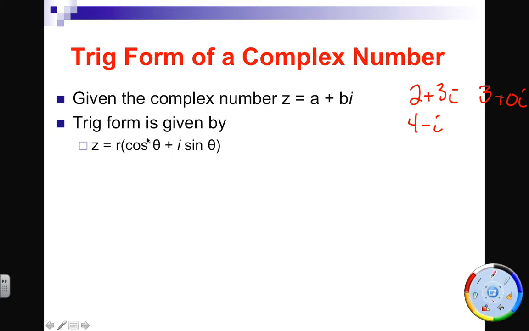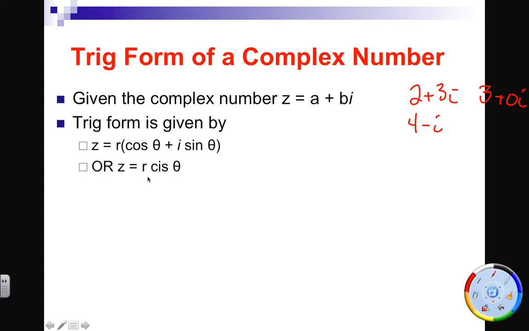And theta is just the angle at which we would say this point is at in our quadrant somewhere, on our axis somewhere.